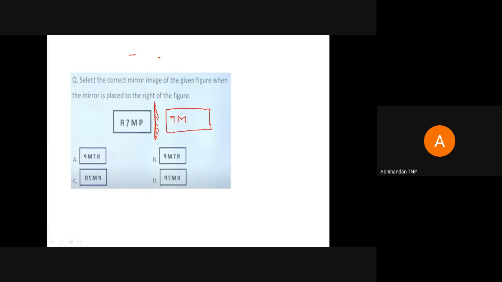So 7 is like this. It is drawn in the proper way, but when it is shown in the mirror, you have to draw the opposite of that. And the R, R will look like.